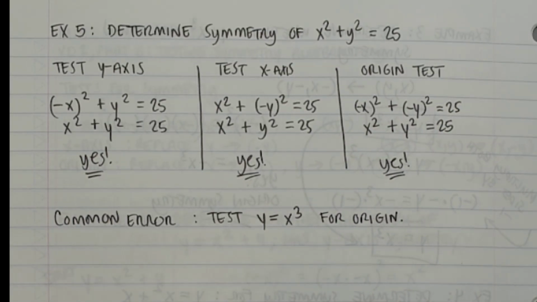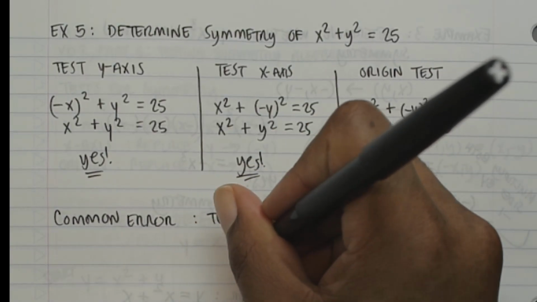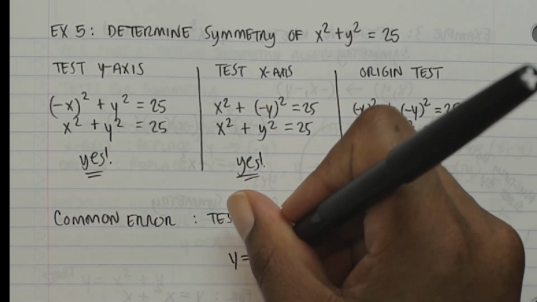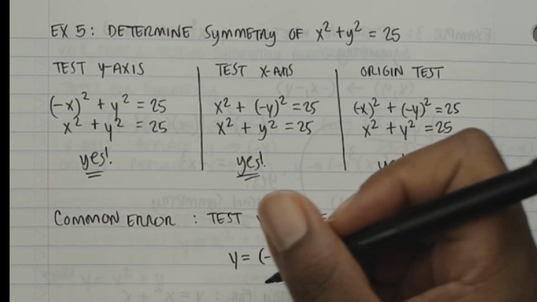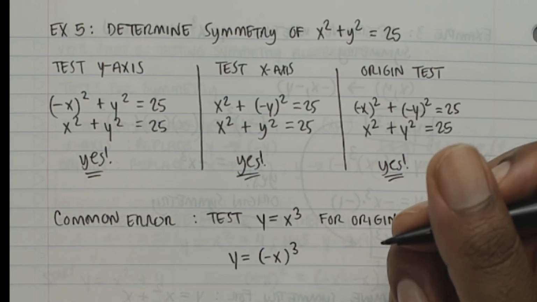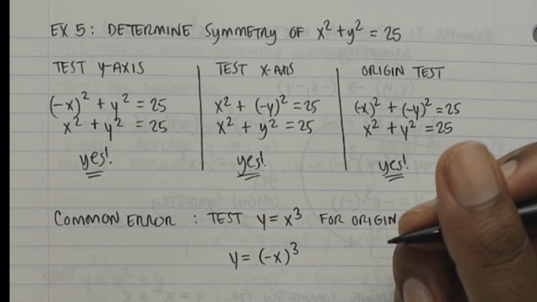So what they do is they say, okay, well, y equals negative x cubed, and they go on and solve it.